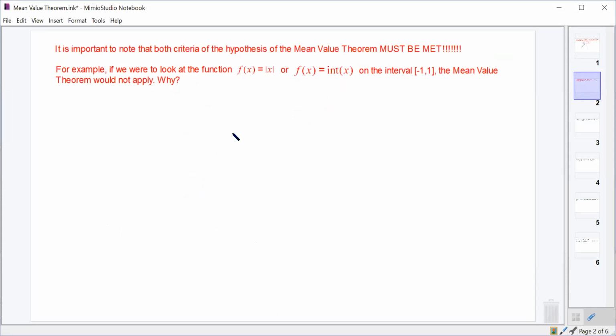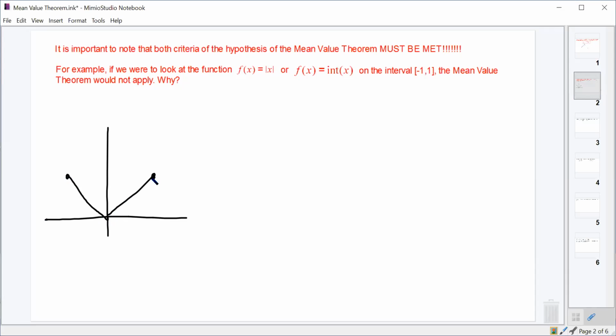When we do the mean value theorem, I'm going to caution you to always make sure that both of the criteria of the hypothesis must be met, that it has to be continuous and it has to be differentiable on that interval. So if you look at something like the absolute value of x on the interval from -1 to 1, is it continuous on the closed interval from -1 to 1?